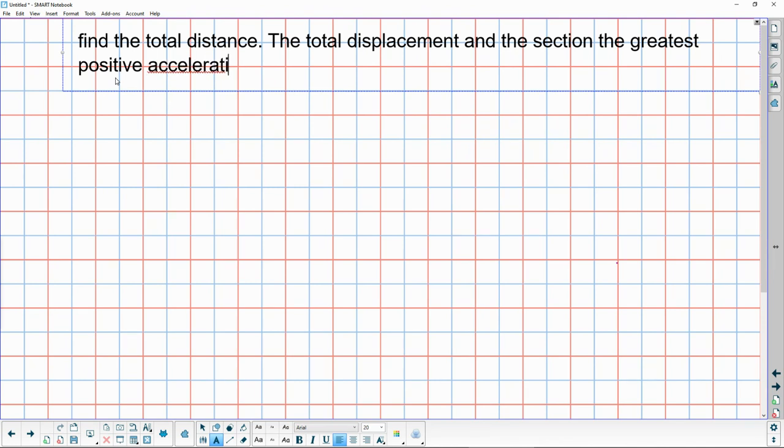Okay, so I won't give you a letter, you just find the section that has the greatest positive acceleration on the graph.